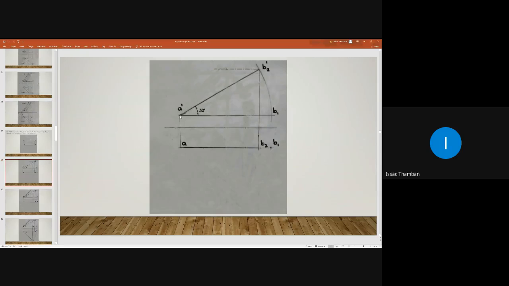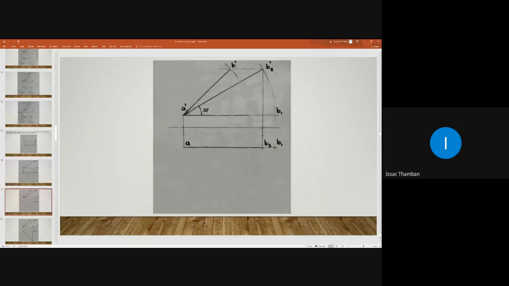So, what you have to do? Take 65 mm in your compass and with A dash as center, intersect on this locus line so that you will get the position of B dash here.